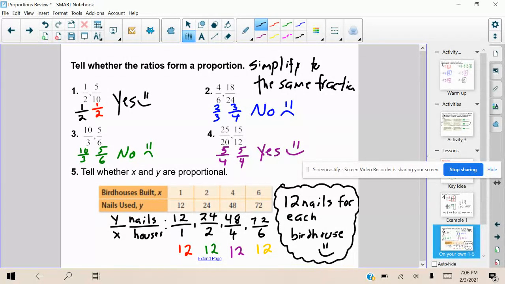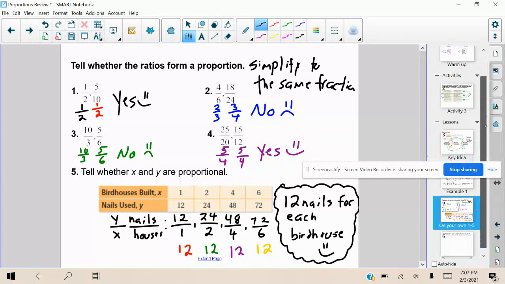The number of houses built compared to the number of nails used, or the number of nails used compared to the number of houses built, is the same. We use 12 nails for each birdhouse. We use 24 nails for 2 houses, 48 nails for 4 houses. So if we break it down to figure out how many it is for one birdhouse, we use 12 nails each time in each scenario.